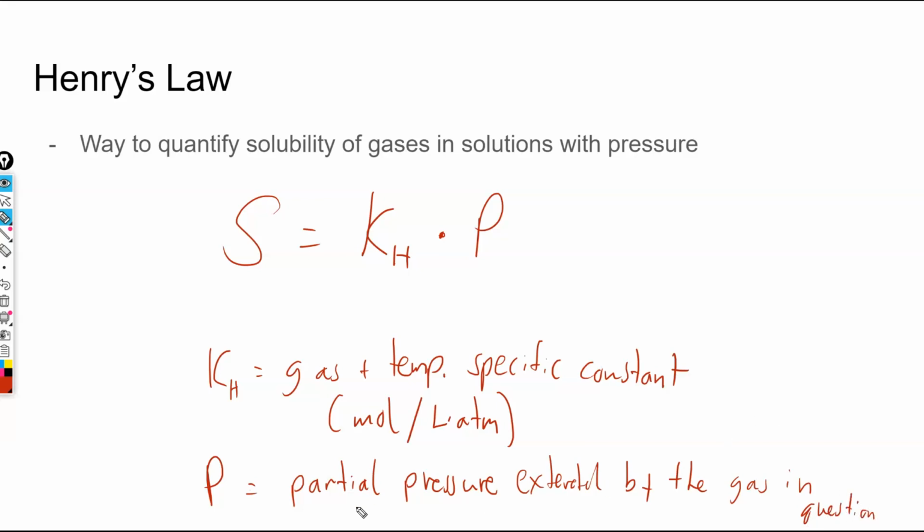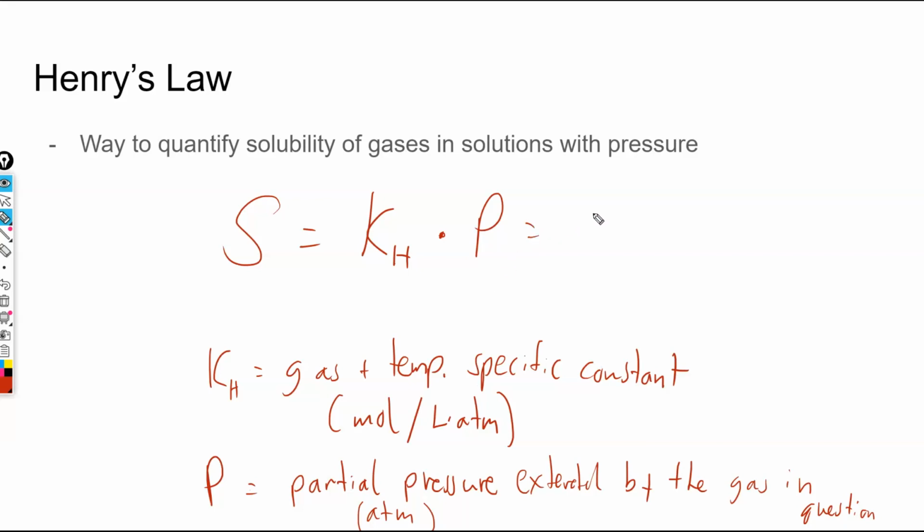And again, this is always measured in ATM. So we have solubility equals the specific constant, measured in moles over liters atmospheres, times the partial pressure of the specific gas we're looking at.